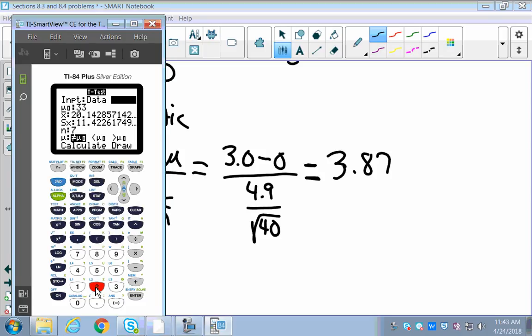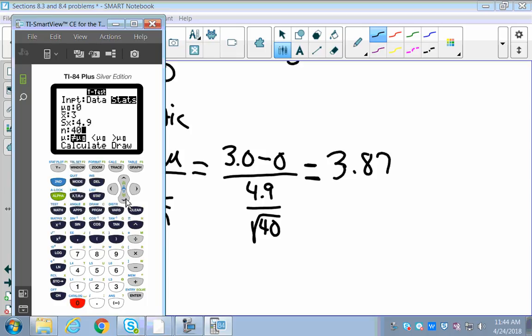In this case, I'm just giving it the stats because I don't have individual people that I put in L1 and L2. That would be my data. So I'm going to choose stats. I'm going to cursor down. Mu is 0. My X bar is 3.0. I'm going to cursor down. The standard deviation of the sample, SX, is 4.9. Cursoring down, N is 40.